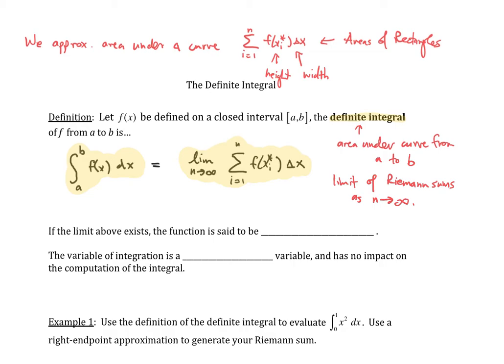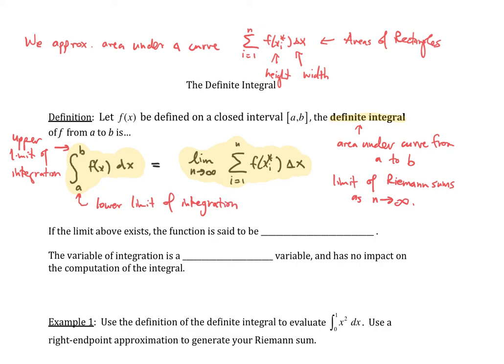This number b at the top, we call this the upper limit of integration. And this number a is the lower limit of integration.